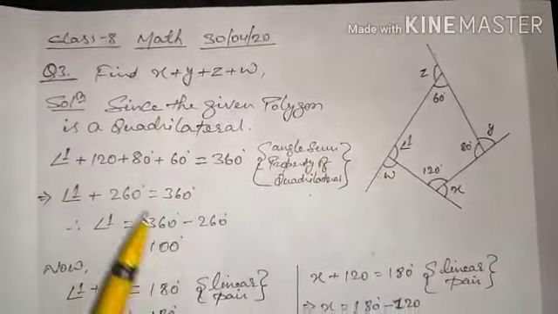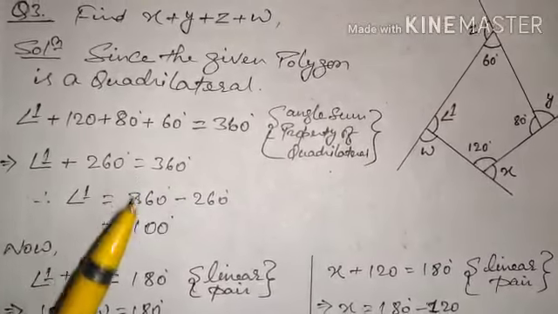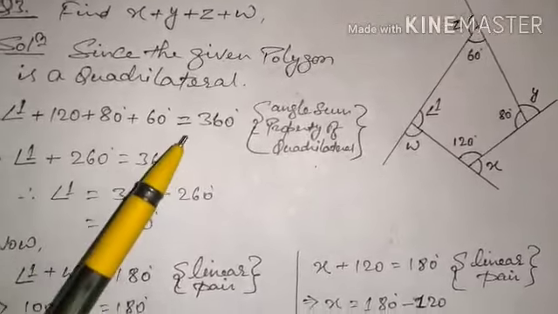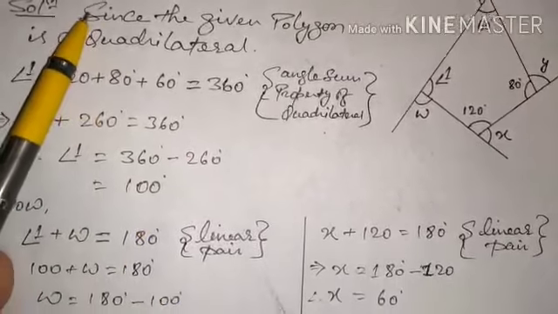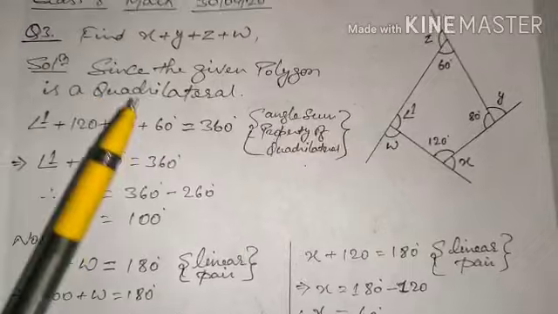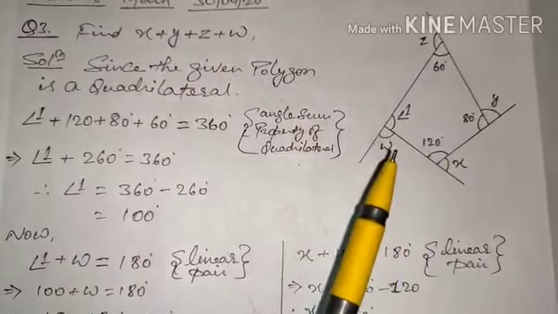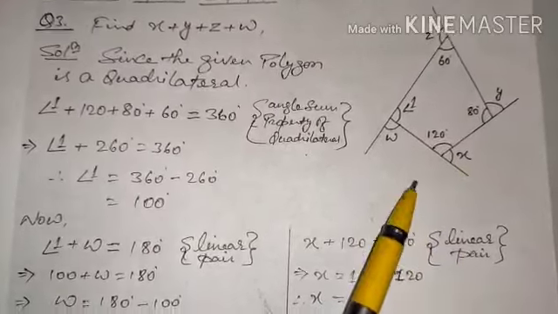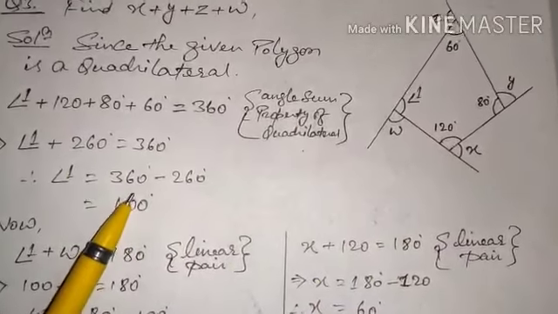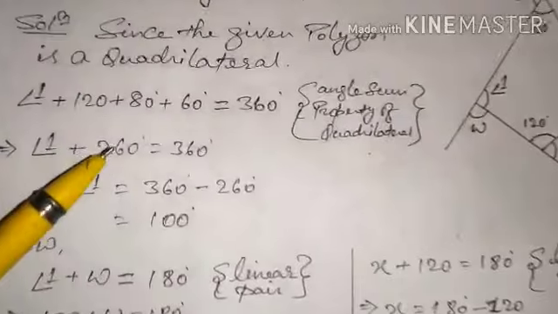It means by doing all the calculations, one by one, solving everything. And if you know it and the question is not asking anything else, you can directly write x plus y plus z plus w is equal to 360 from the exterior angle property of a polygon. But here we are not using that, so that's why I'm solving all the things one by one.